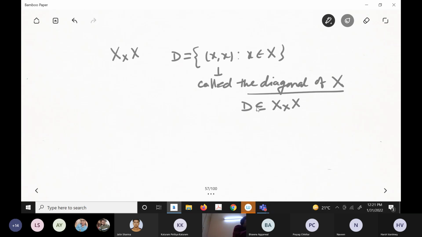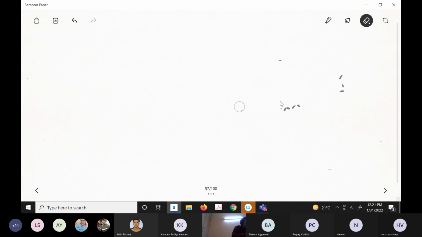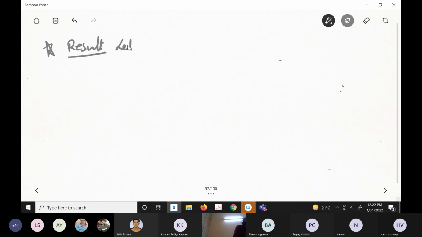Now I give this result. Okay, look, what is the result I am giving? Let (X, tau) be a topological space. The following are equivalent.